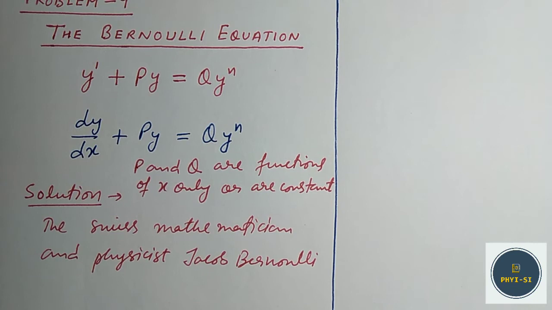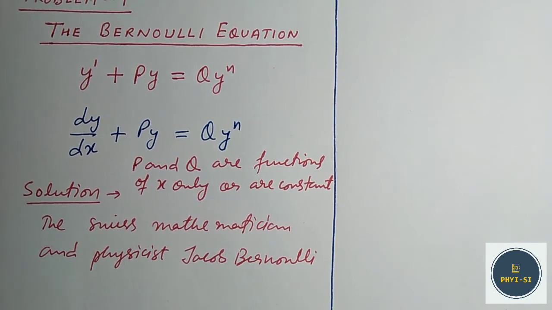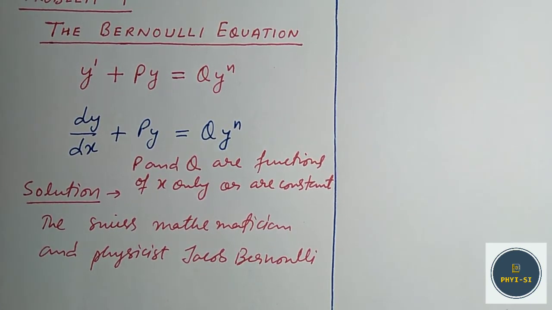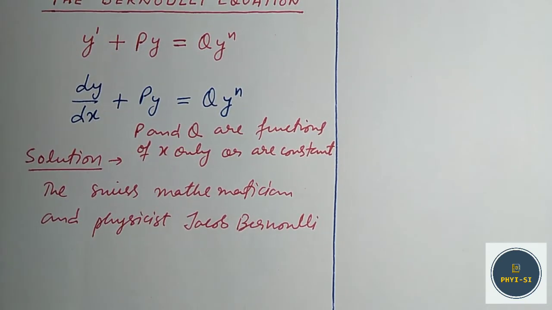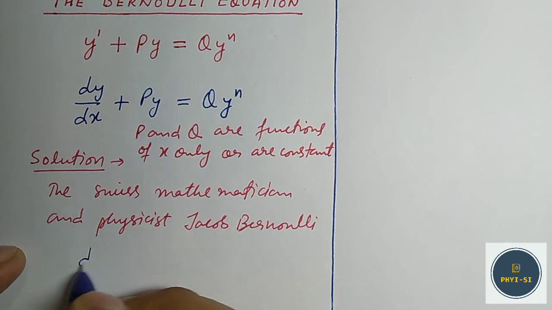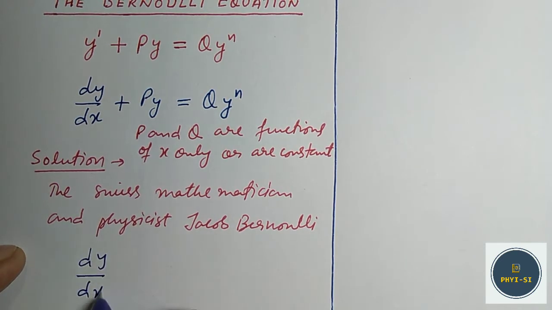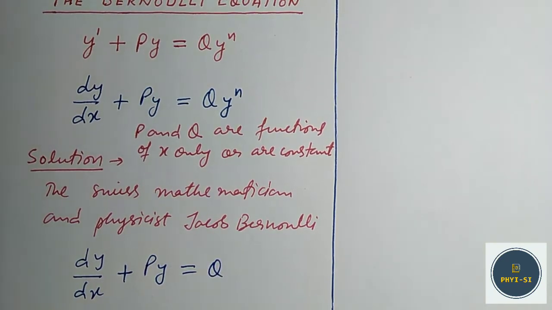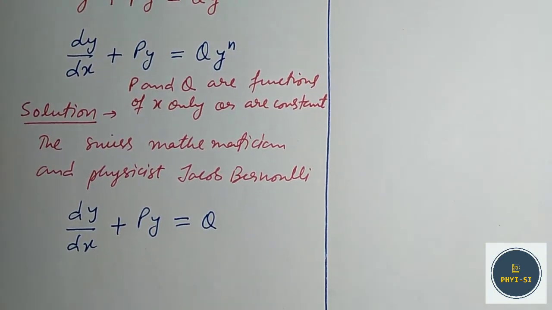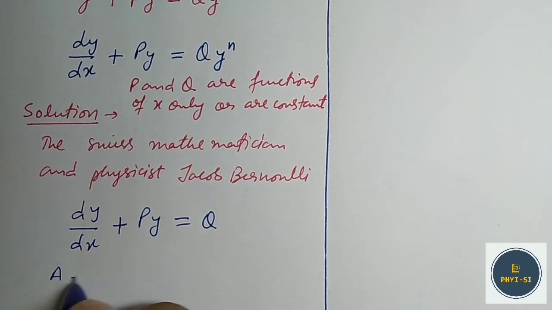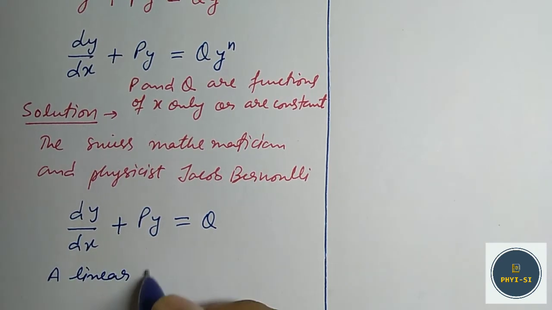So how may we proceed? Now we know that there is a kind of differential equation, dy upon dx plus py is equal to q, which is called a linear differential equation.